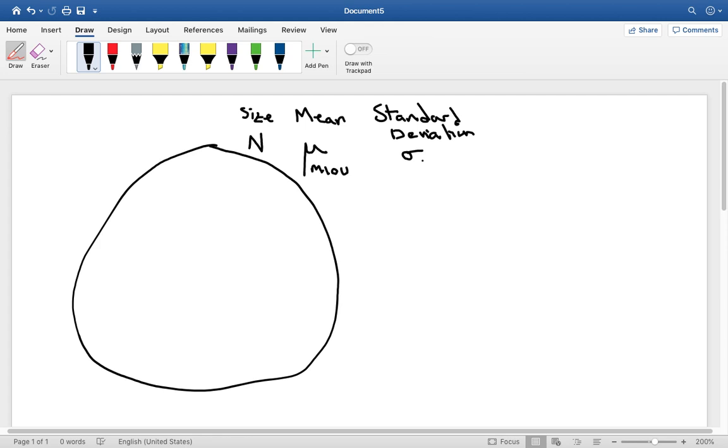That's actually known as sigma, S-I-G-M-A, the small sigma, not the large sigma. And then finally, if we square our standard deviation, so sigma squared, it's a related measure called the variance.